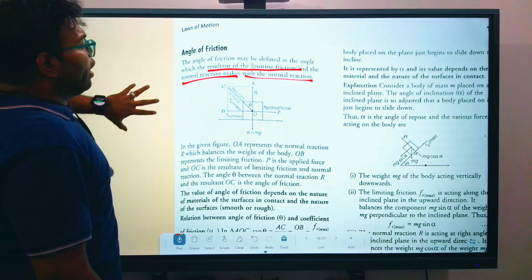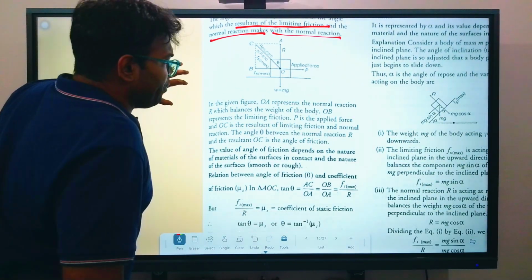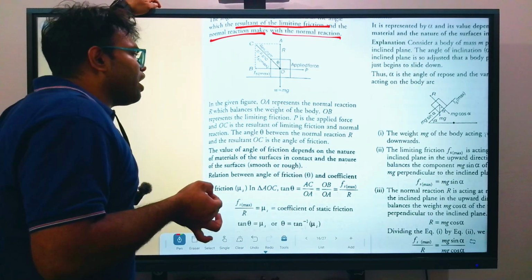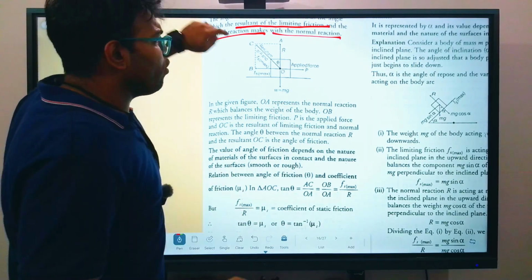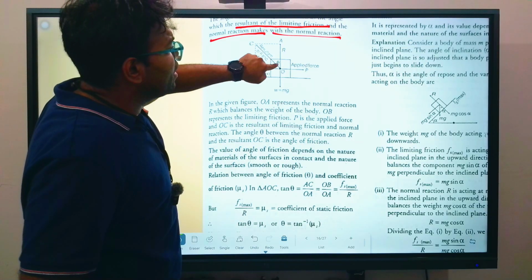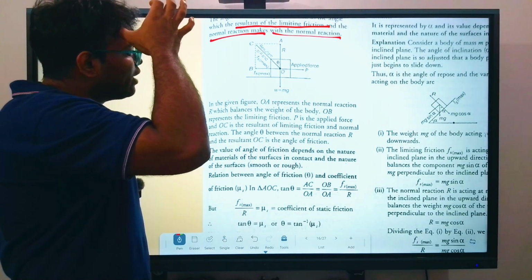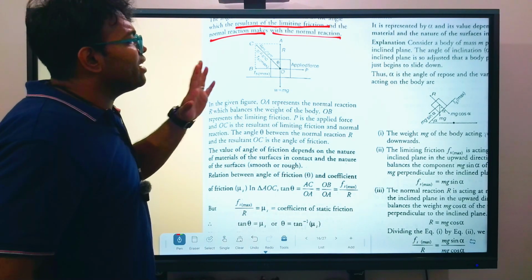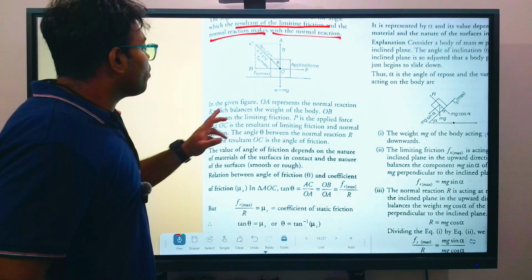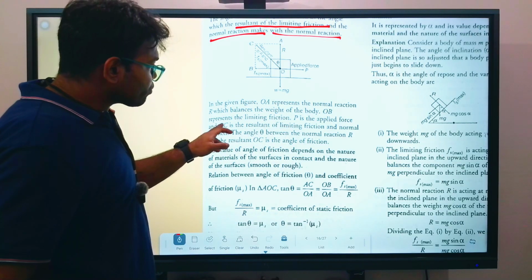Now, in the given figure, OA represents the normal reaction R, which balances the weight of the body. The weight of the body is here, the normal reaction is here. Okay. Now, P is the applied force and OC is the resultant of the limiting friction and normal reaction.